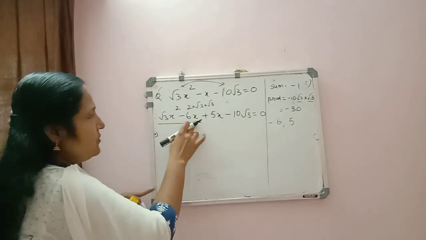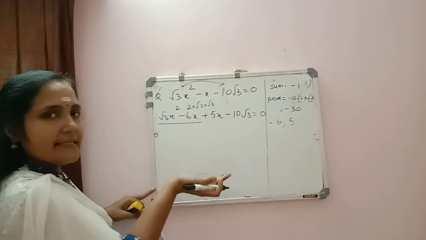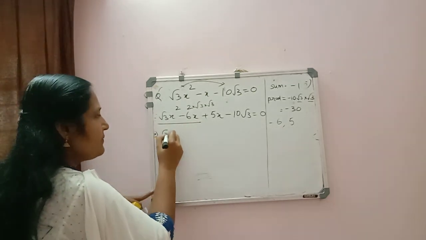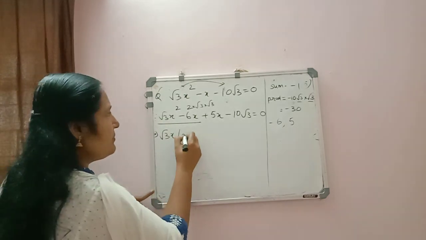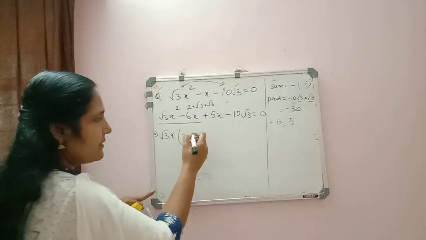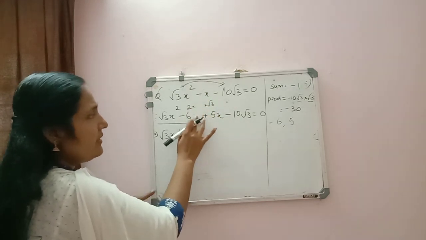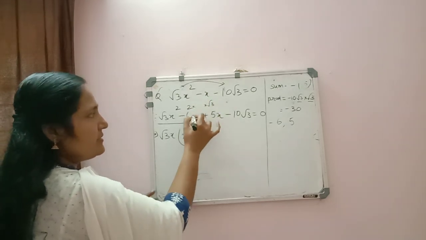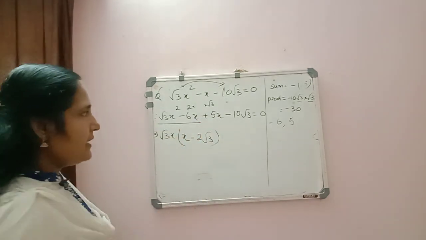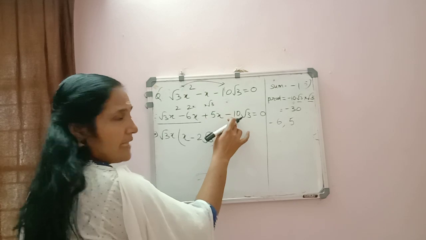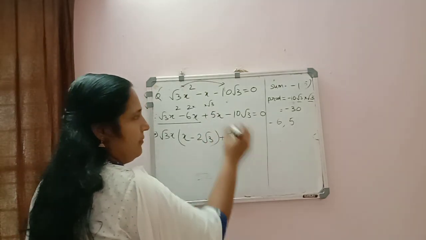So in these two terms we have the common factor root 3 and x, taking it outside. Root 3x. Inside the bracket remaining will be x minus 2 root 3, since we have taken root 3 and x common. Here if you check, 5 is there and 10 can be written as 5 into 2. So we have plus 5 common.